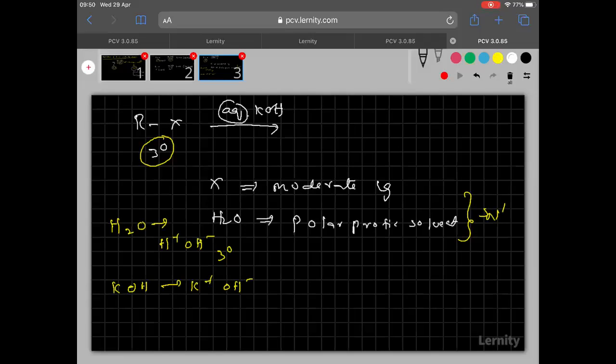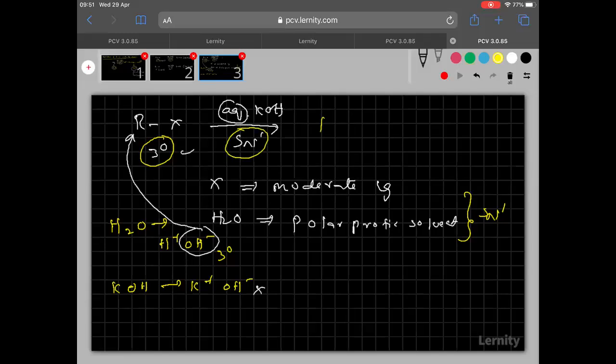The OH- of water will attack on R, but not the OH- of KOH. Thereby, the reaction will be according to the SN1 mechanism. I hope you are able to understand here. The OH- of water attacks on R when RX is tertiary, and the mechanism followed is SN1.